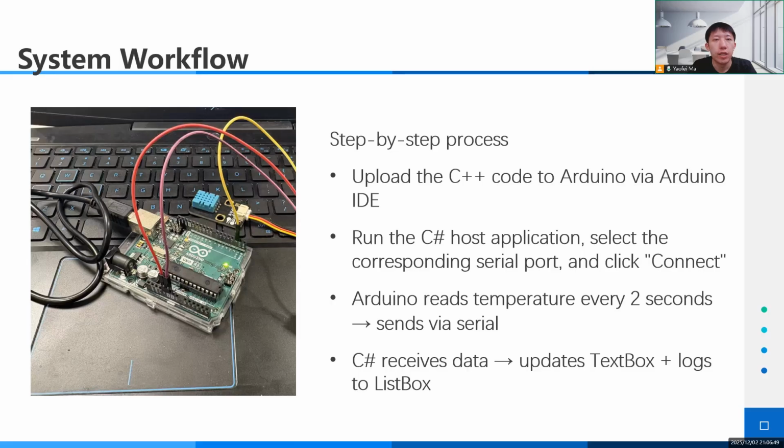Step 4, Arduino reads temperature every 2 seconds and sends it to the computer via serial port. Step 5, the C# program gets the data, updates the real-time temperature in the text box, and saves past data to the list box.